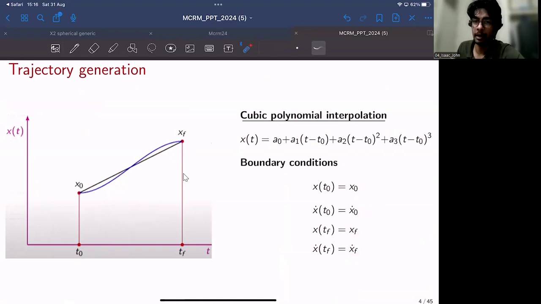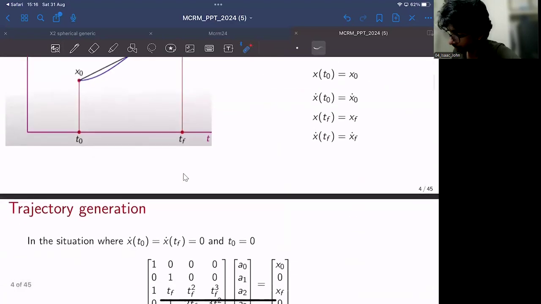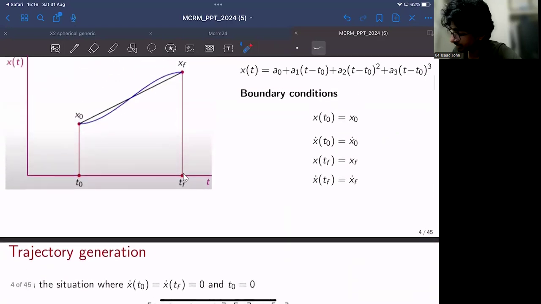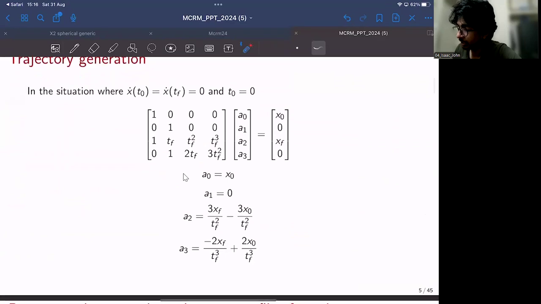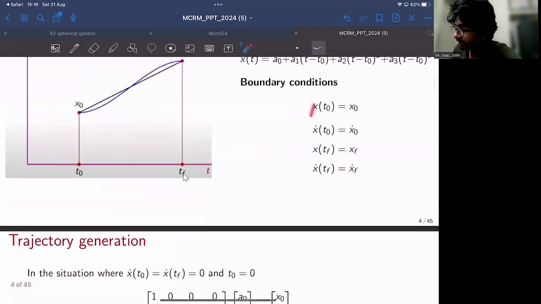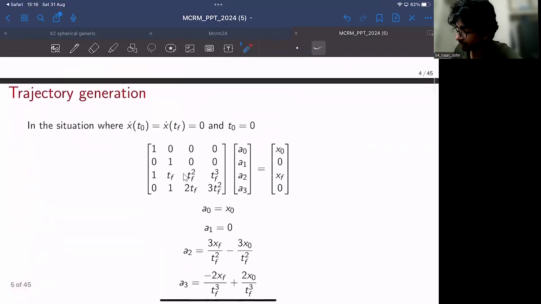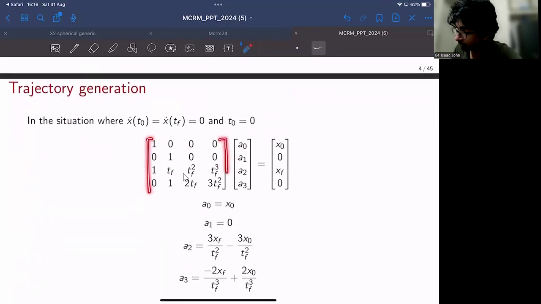We can afford up to velocities. So if this is the case, how do you solve? The way to solve this is that if you arrange these equations as a set of matrix and vector form, like so, you can solve for these coefficients by inverting this matrix and multiplying with the boundary conditions.